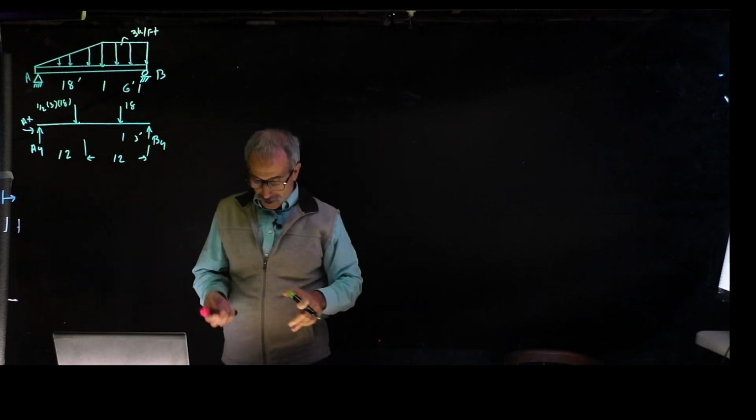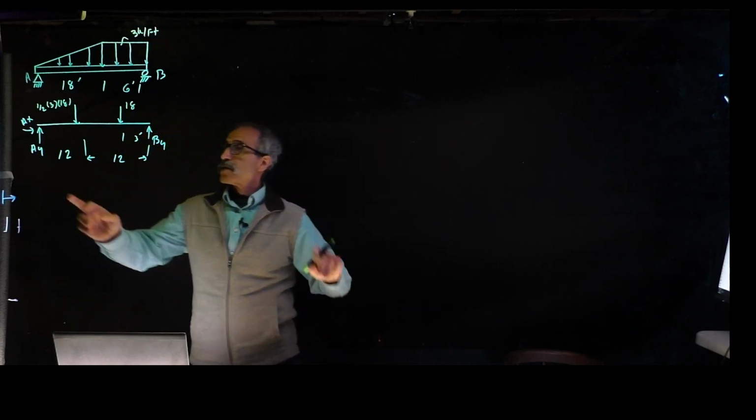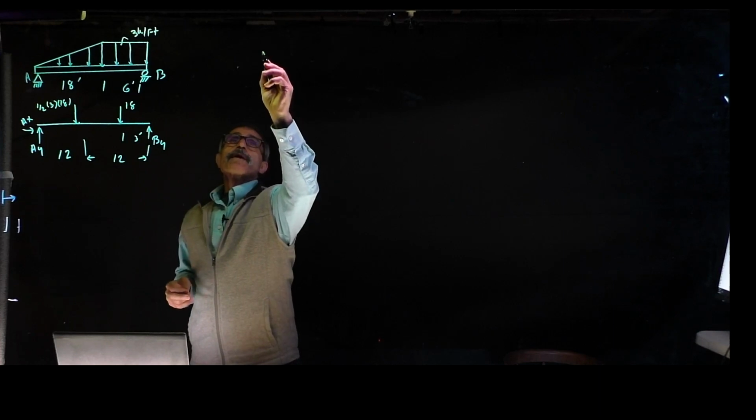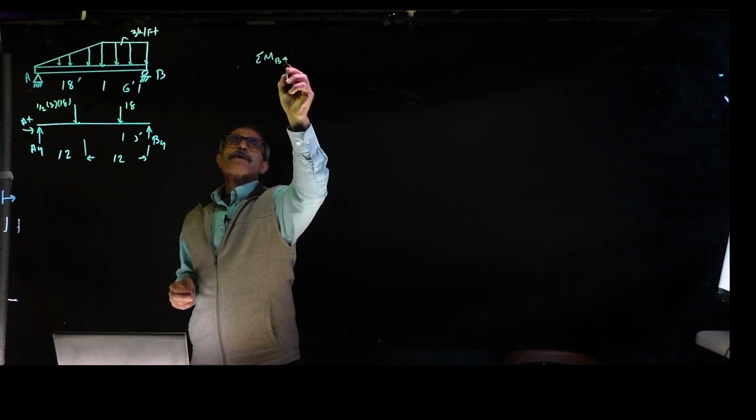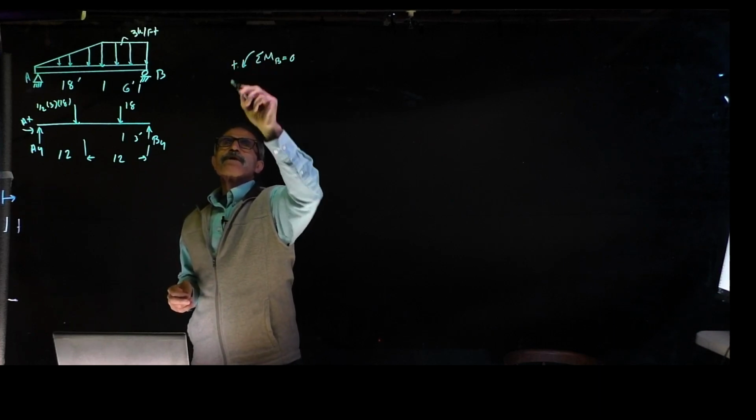Now we're going to go ahead and calculate the reactions. I'm going to take a moment about point B. Summation of moment about point B is equal to 0. Counterclockwise is positive.